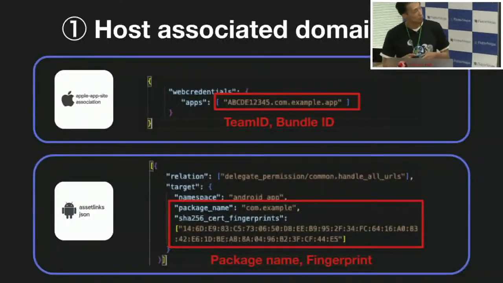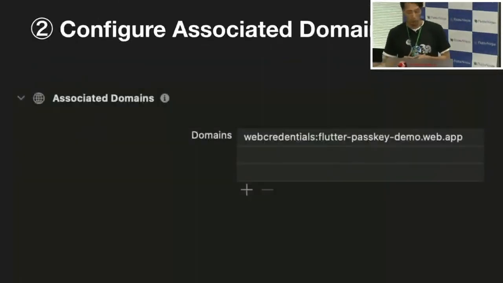These files include information such as team ID, bundle ID or package name, and fingerprint, which allows us to identify that the right application is trying to use passkeys for that system. So this is very essential. And also, for iOS, we need to register the domain of the hosting server as the associated domains. Okay, now we're ready to implement.